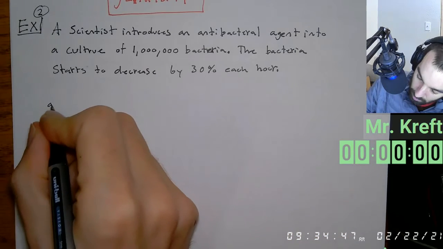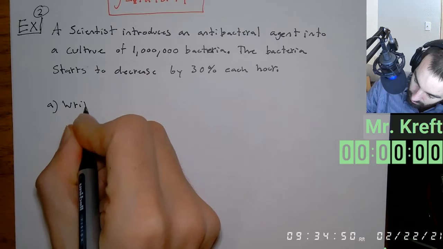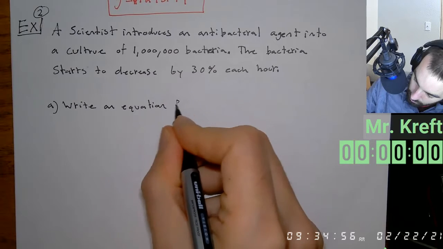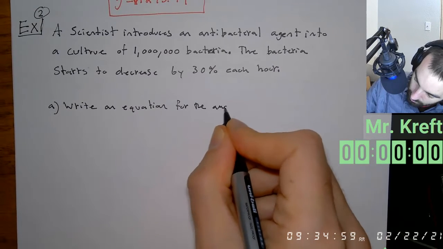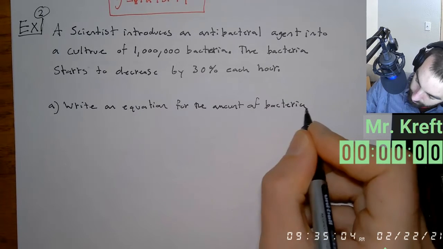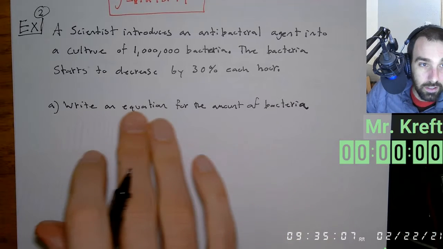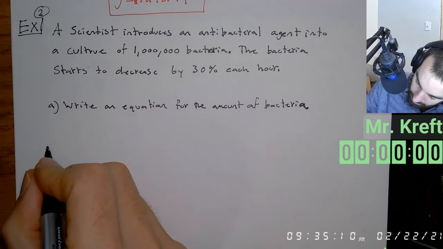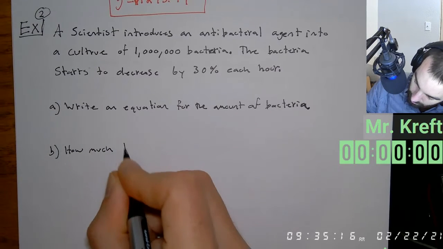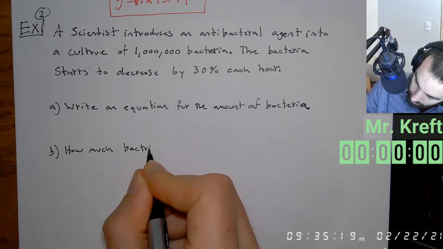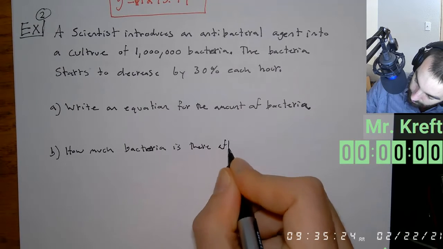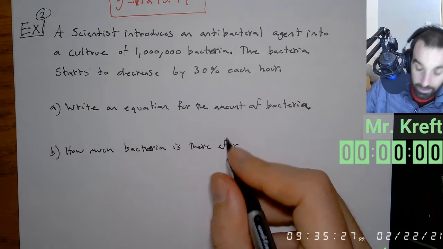Okay, we're going to do the same thing here. We're going to write an equation for the amount of bacteria, and then B, how much bacteria is there after, what do we want to do?